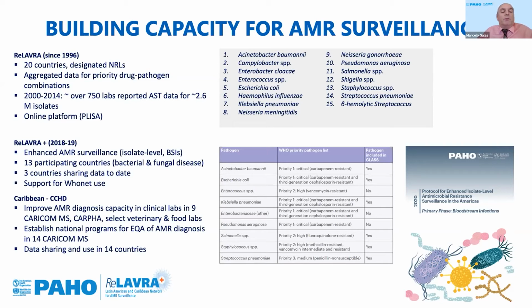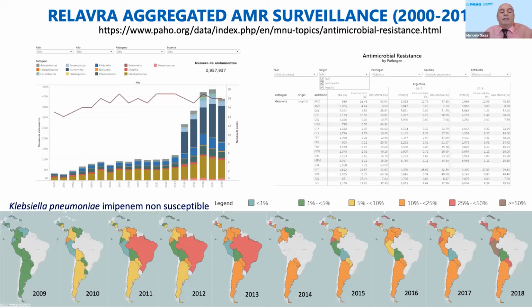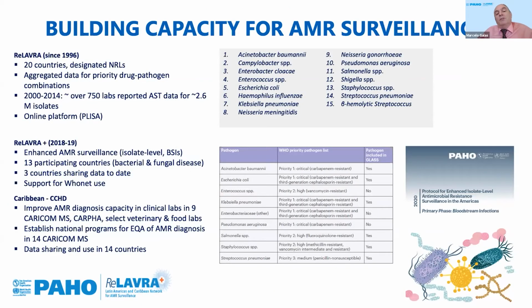We have 13 countries participating in patient-level surveillance. So far, 3 countries already share data with us. We are also working to include the Caribbean in the surveillance, because the 14 countries of the Caribbean don't have an established surveillance system. Next, please.